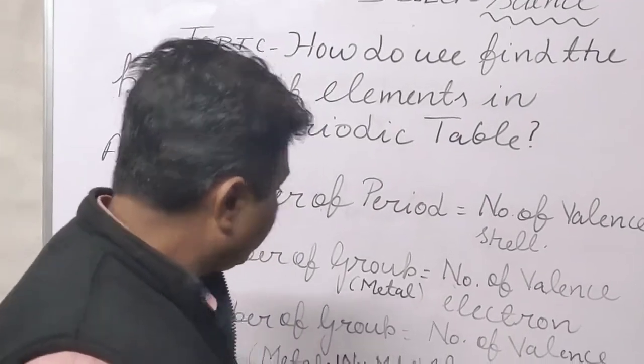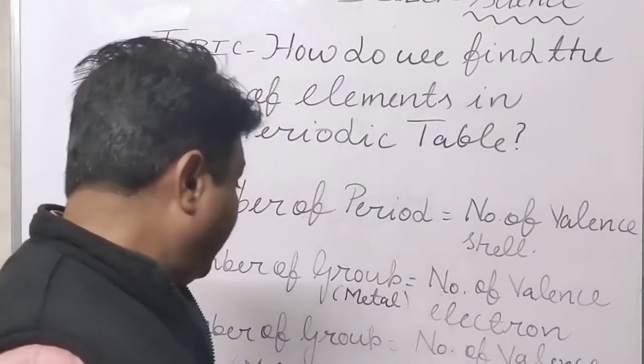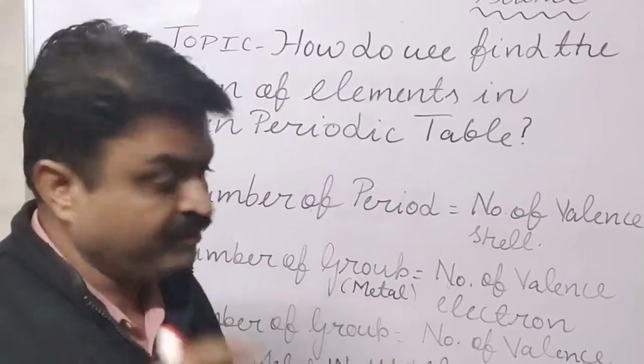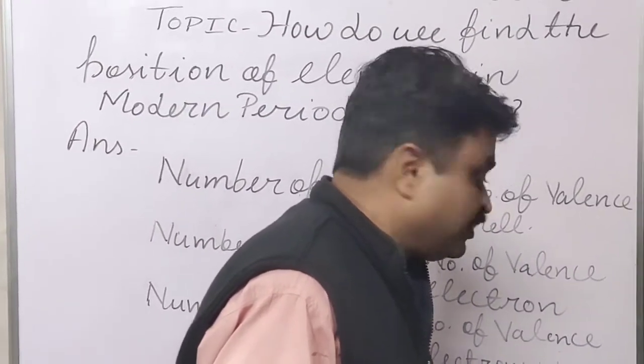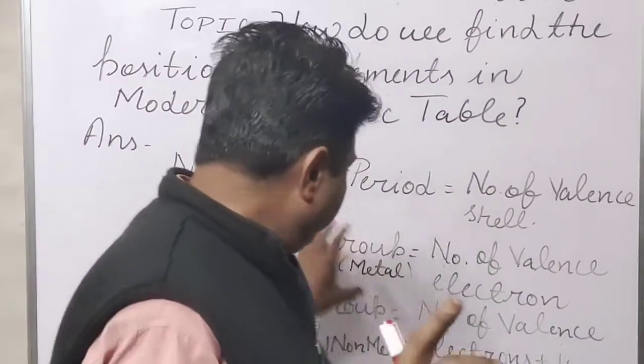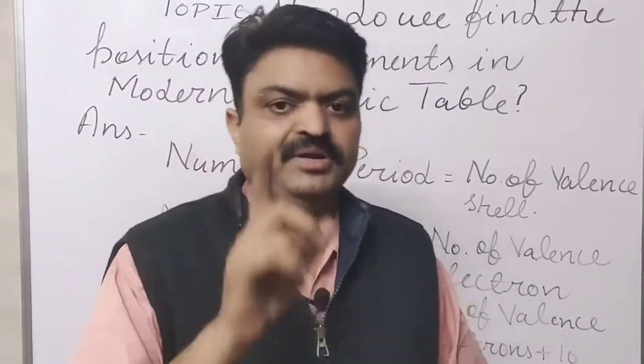In the case of metals and non-metals both, we know the group with the help of the number of valence electrons plus 10. With the help of this we can easily find the position of the particular element.